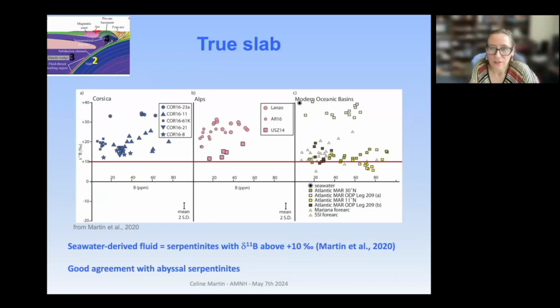That is the little C here on that figure. So that means in the slab, we still have the signature of seawater-derived fluid, with serpentinites above 10 per mil. So we drag down the boron isotopic signature to the level where the serpentinite is not stable anymore. And this is in good agreement with abyssal serpentinites.